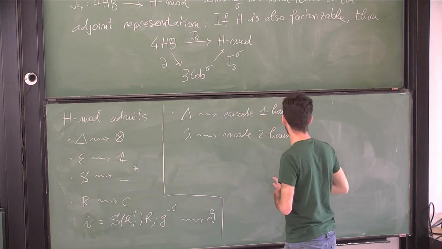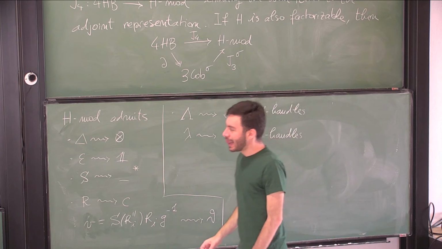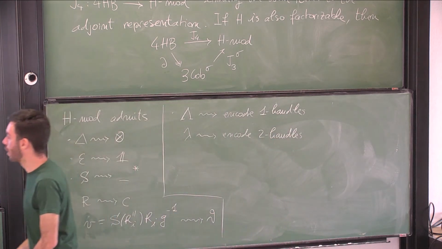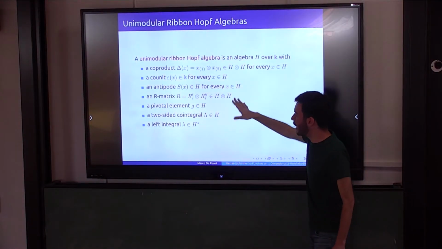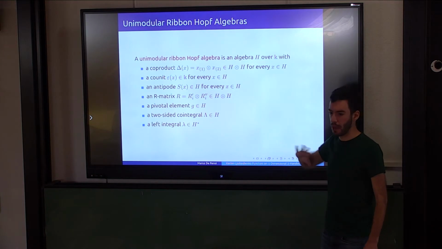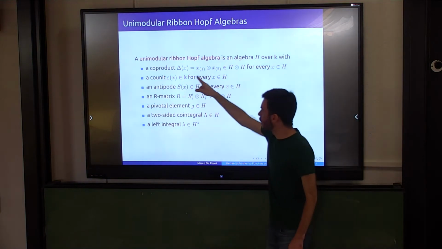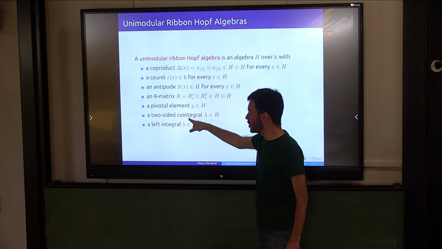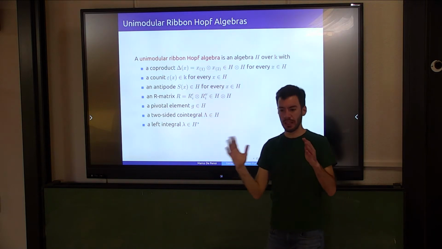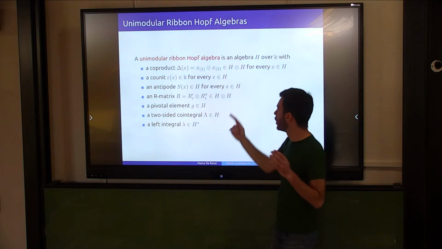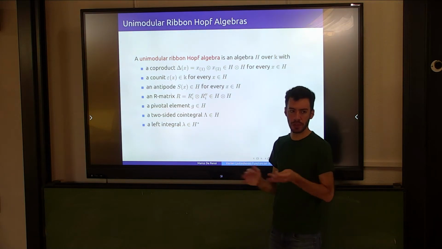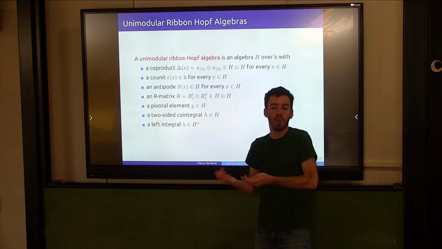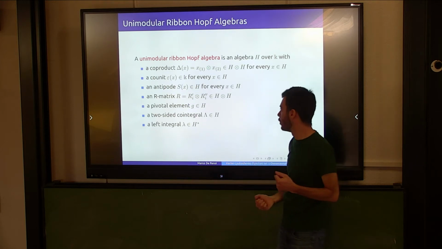One of them is two-sided and the other one is on the left? It's a good question. So two-sided, so unimodularity. Here these guys satisfy a bunch of axioms I am hiding. So unimodularity means this guy, which exists. A one-sided cointegral exists every time H is finite dimensional. So it's sufficient to be finite dimensional to have both a left and a right cointegral.